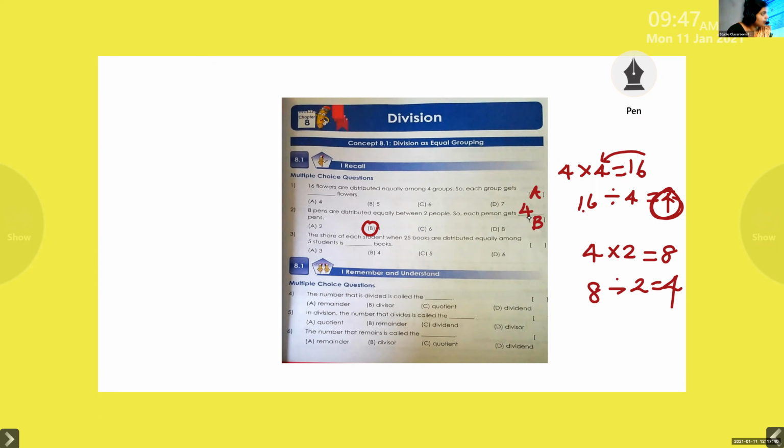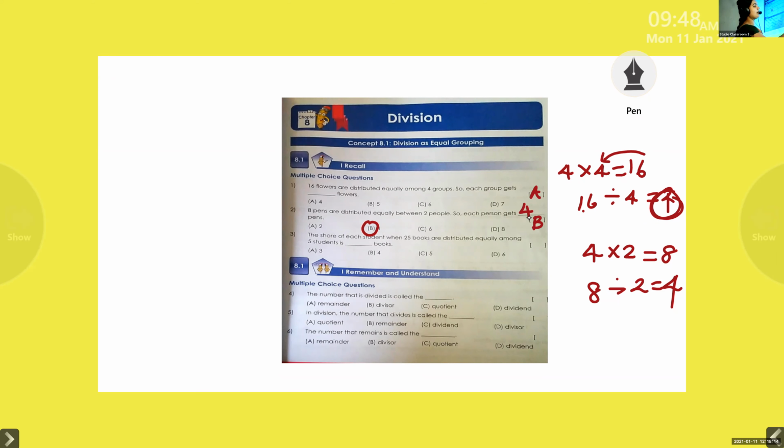Very good. Next, Vaishnav. Question number 3. Start reading. A share of each student when 25 books are distributed equally among 5 students is dash books.